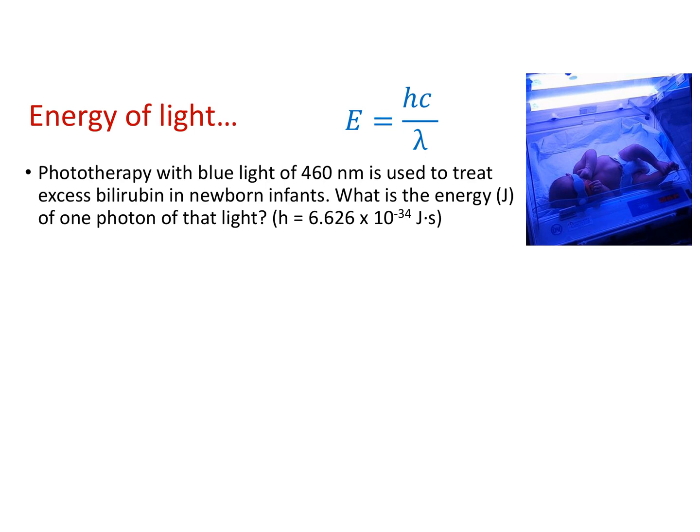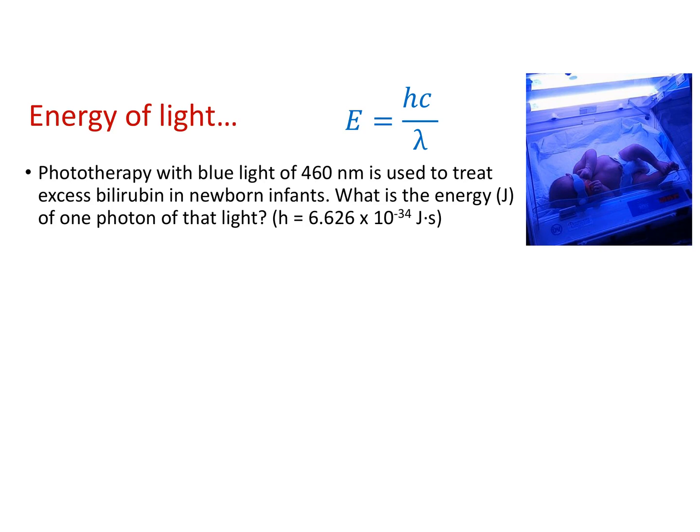So here's a sample calculation for you. Phototherapy with blue light of 460 nanometers is used to treat excess bilirubin in newborn infants. What is the energy of 1 photon of that light? Before we can start this calculation, we do have to do one unit conversion.